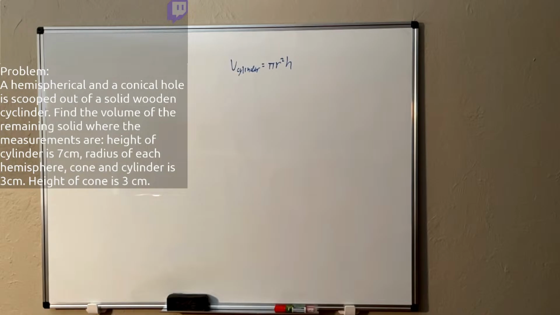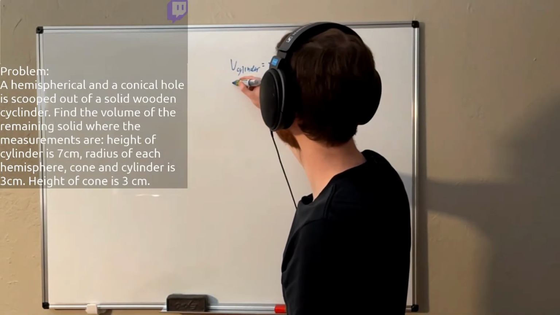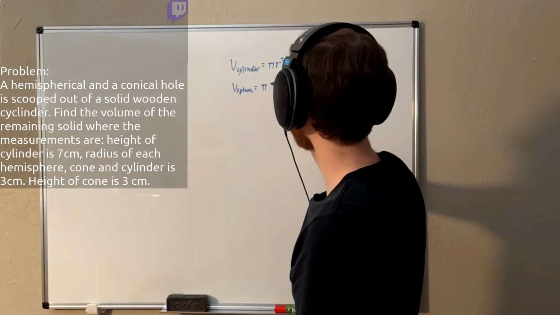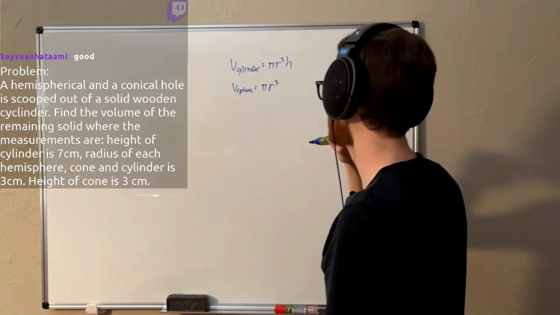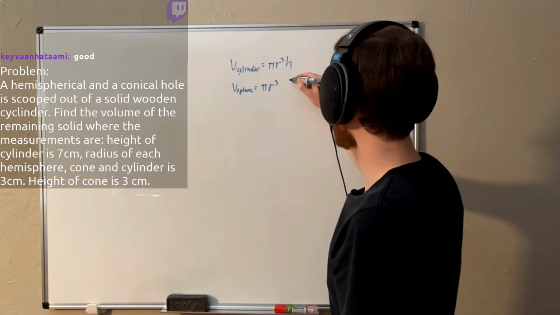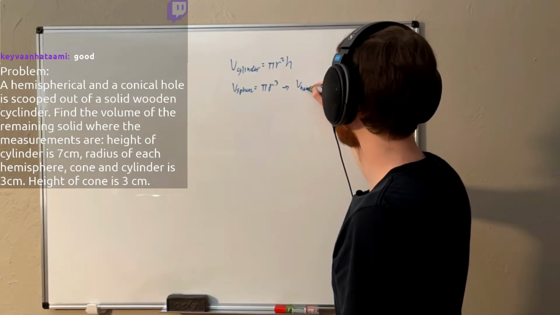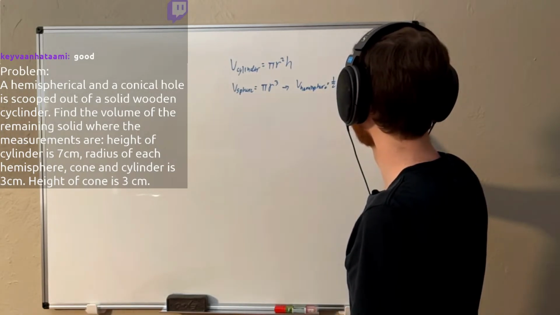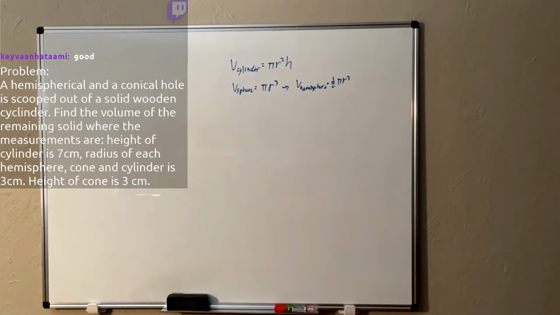The volume of a sphere is pi r cubed. And this implies the volume of the hemisphere is half of that. Wait, sorry, 4/3.